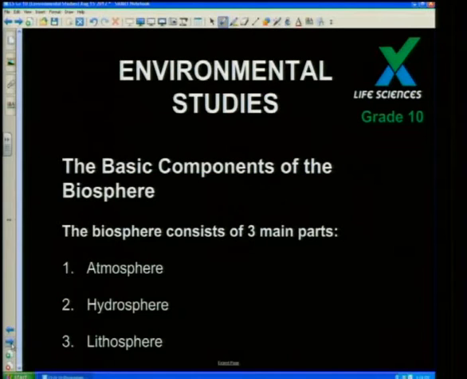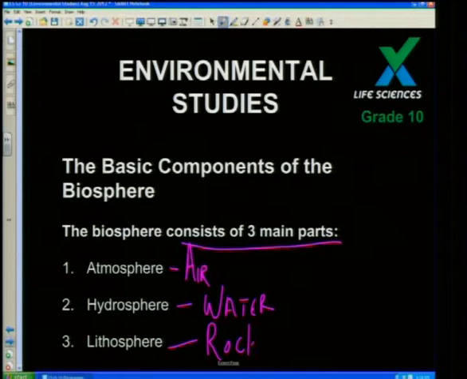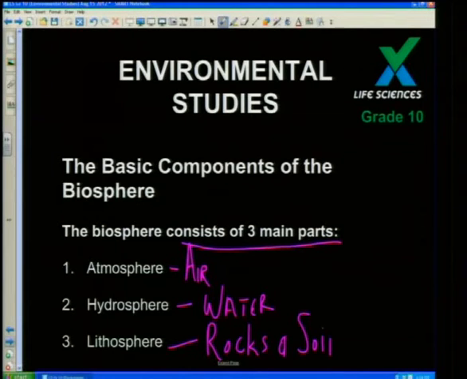So the three main parts of the biosphere are the atmosphere, which is the air, the hydrosphere, which refers to all the water that exists on Earth, and the lithosphere, the rocks and the soil.